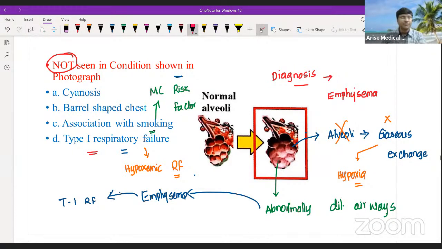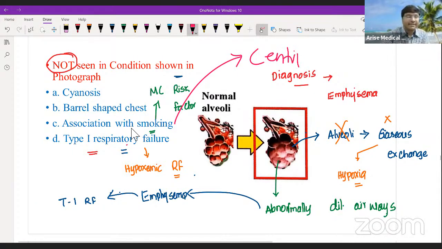Smoking will cause which type of emphysema? What type of emphysema will you come across with smoking? Very good, Raja. You will see the development of centriacinar emphysema.